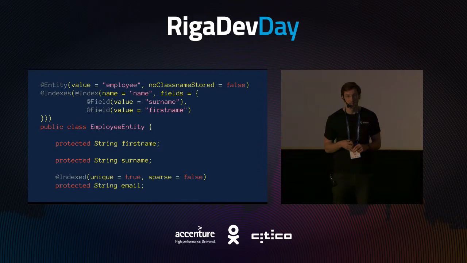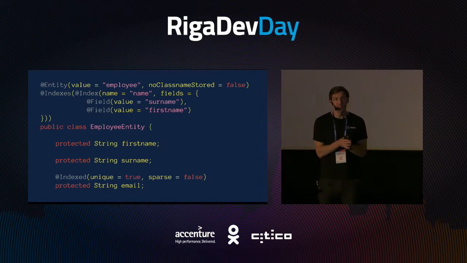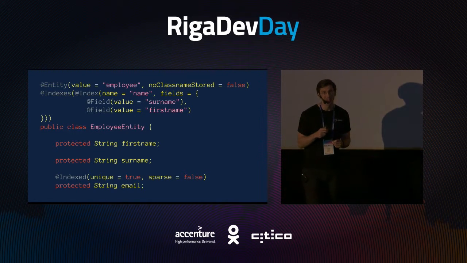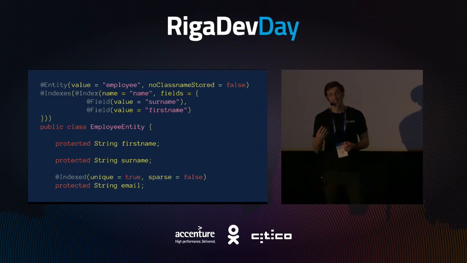If something is unique, the null value is also unique, so just a single element can be null. Otherwise, you need to say sparse true, then you can have either multiple null values or a unique actually existing value.